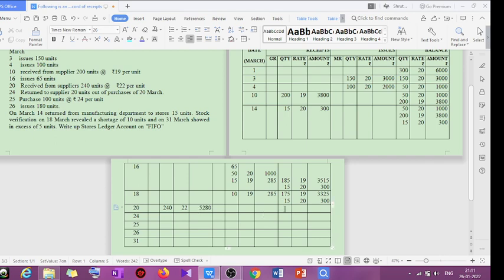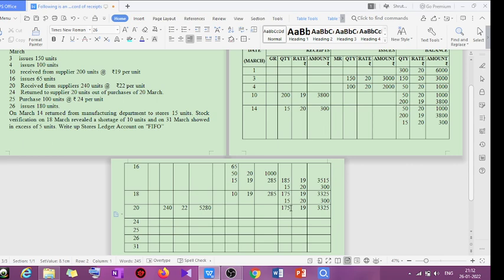Okay, now mention the previous lots, that is 175, rate is 19, then 3,325. This is the first lot. Mention the second slot, that is 15, rate is 19.